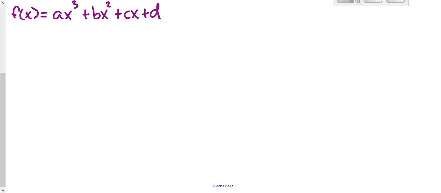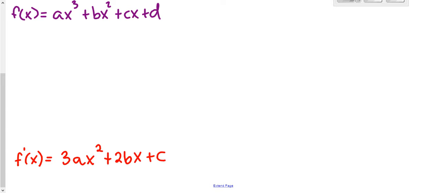F prime of x means we're just going to bring the 3 down. So we have 3ax squared plus 2bx plus c. Remember d is just a number, so the derivative of d is nothing.